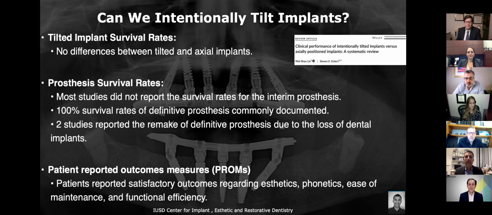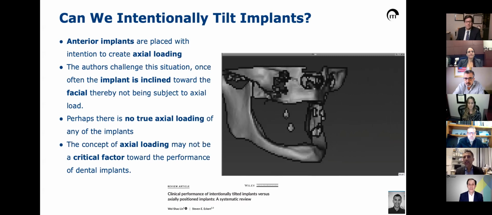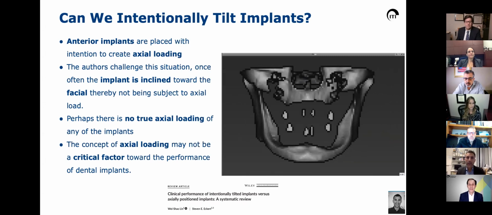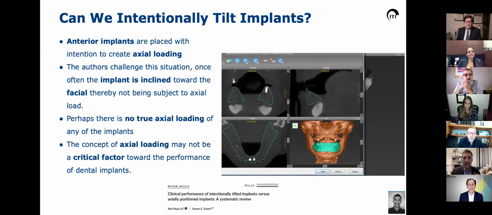And patient satisfaction is also enhanced when extreme bone grafting procedures are avoided. So can we intentionally tilt implants? Yes, we can, and it was shown that the loading of axial versus loading of tilted implants did not affect the implant survival.